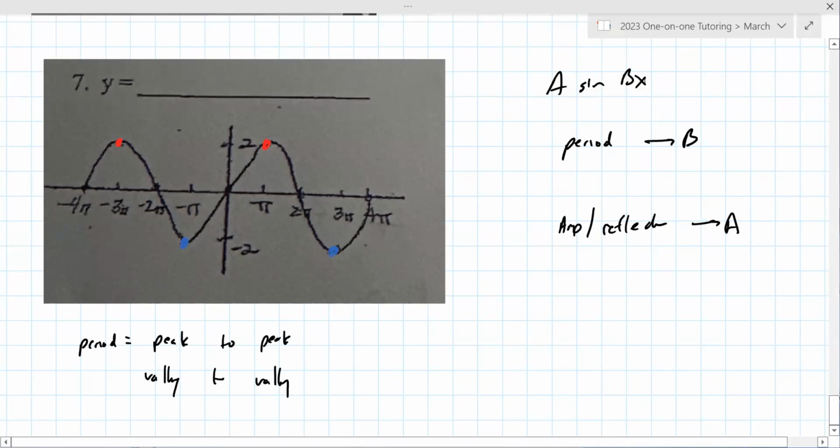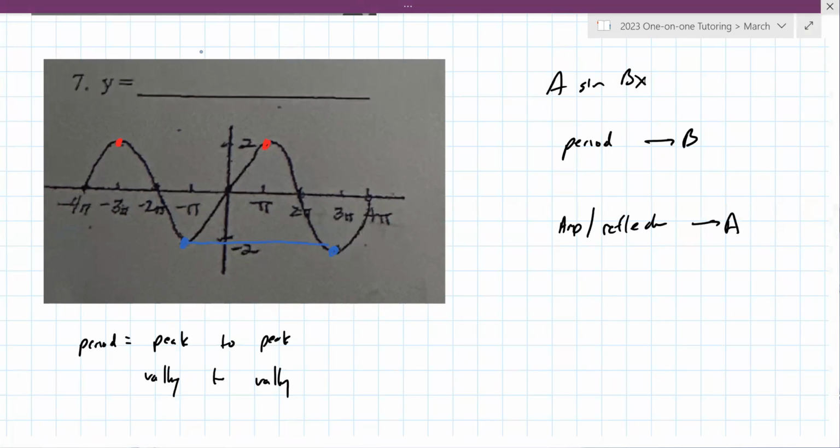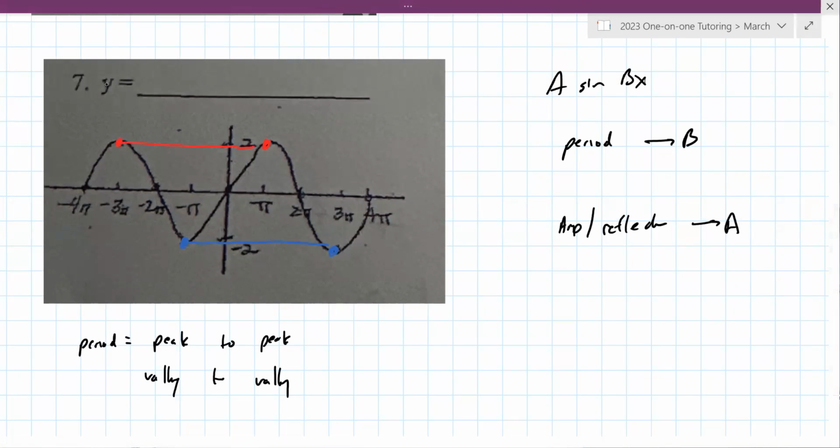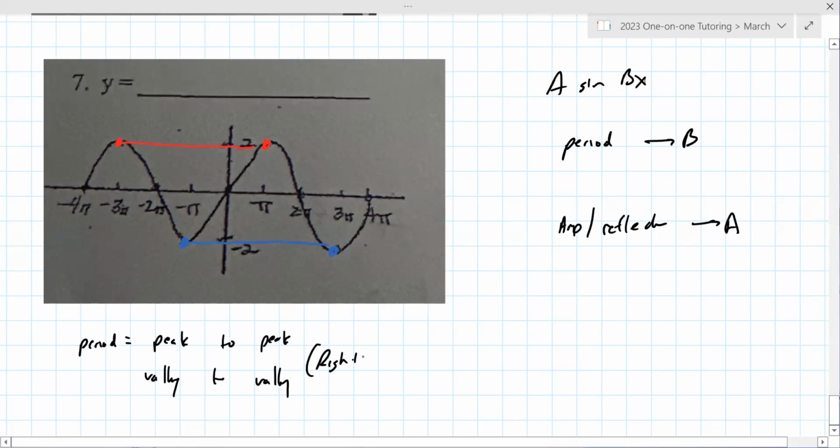Okay. And you want the linear distance. So you really want this horizontal distance here, straight line, linear distance, and you're doing a calculation, you're going right minus left. If you're not sure what I mean by that, it's like pi minus 3 pi gives you 4 pi. And that is the period.